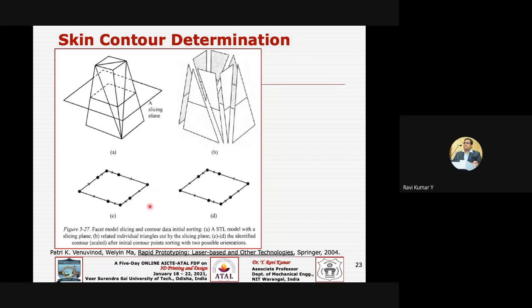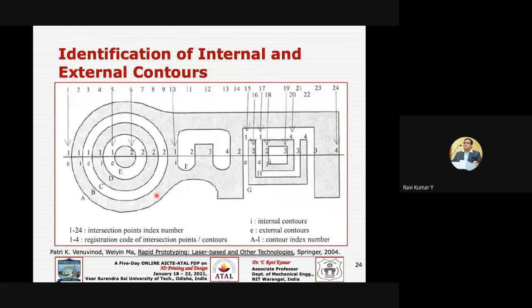And how do you identify which are interior and which are exterior contours? Of course, this job will be done by your slicing algorithm, or the tools or software which you will be using. But how it is identified, you may have some algorithms to do this.